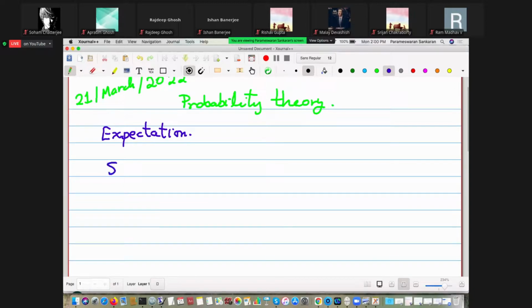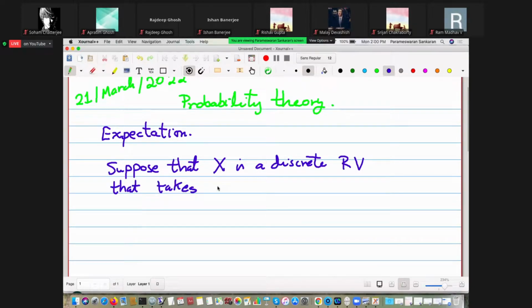Suppose that X is a discrete random variable that takes values x1 through xn for some n, so finitely many values.